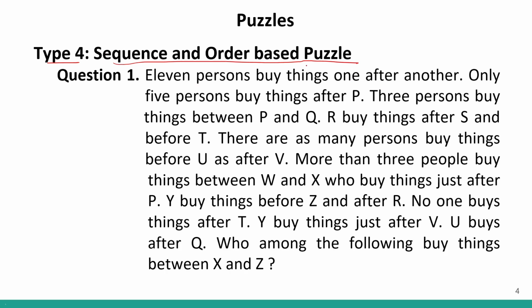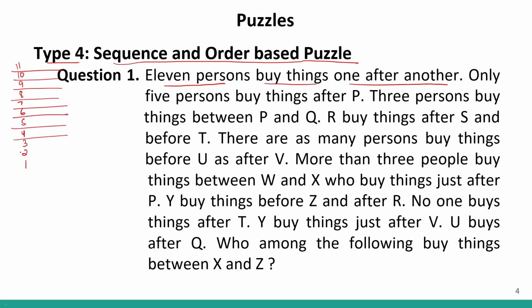Type 4, sequence and order based puzzles. Now, it is given to us that 11 persons buy things one after another. So there are total 11 persons. 1, 2, 3, 4, 5, 6, 7, 8, 9, 10, 11. Now, whenever we solve questions on sequence and order based puzzles or any type of puzzles, make sure that you take each and every possibility.